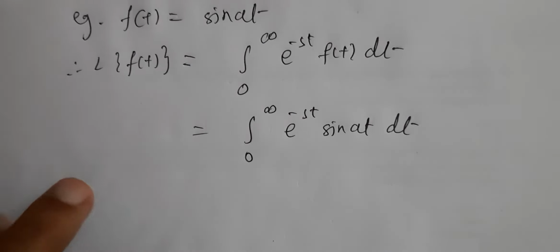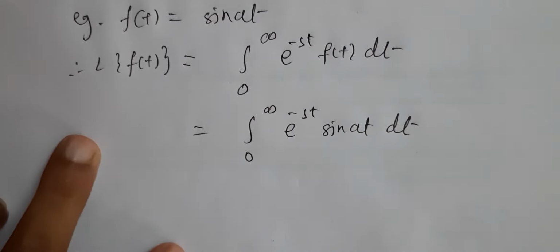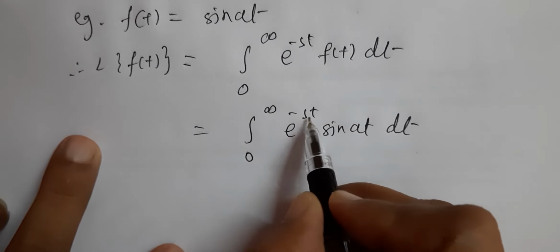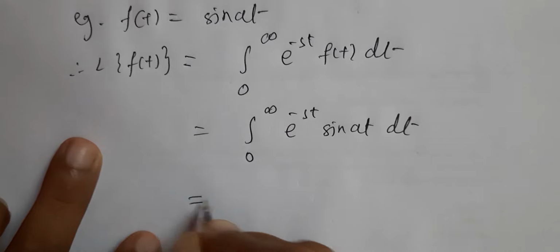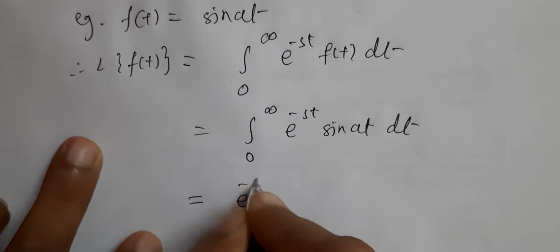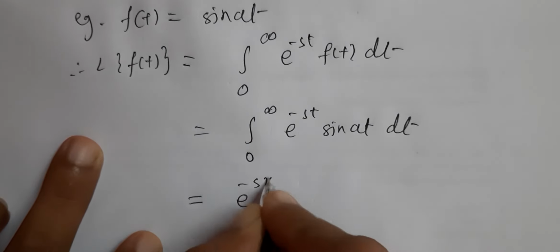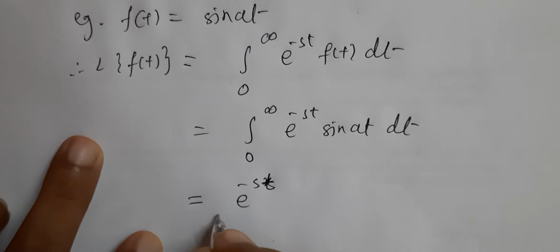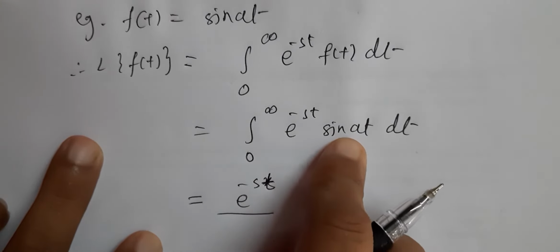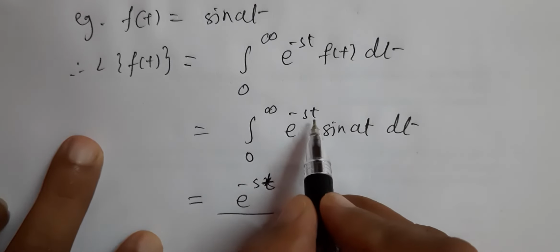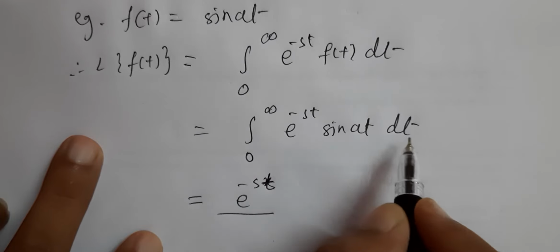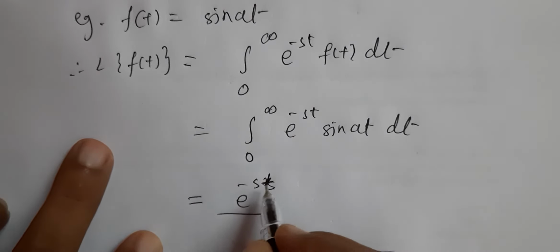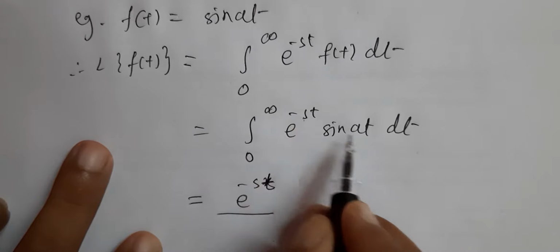Now how to evaluate this integration? Everyone knows we use the formula for e raised to ax sin(bx plus c). What is the integration? It is e raised to ax upon, here it is e raised to minus st upon s square plus b square. I am just saying the formula in your usual language. We always use the variable x. The integration of e raised to ax sin(bx plus c) is e raised to ax upon s square plus b square.